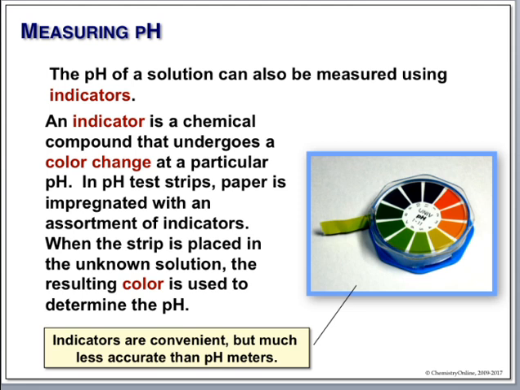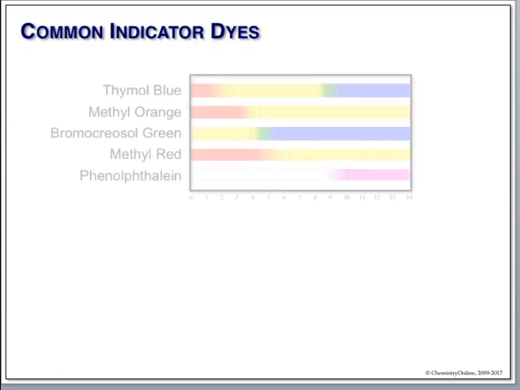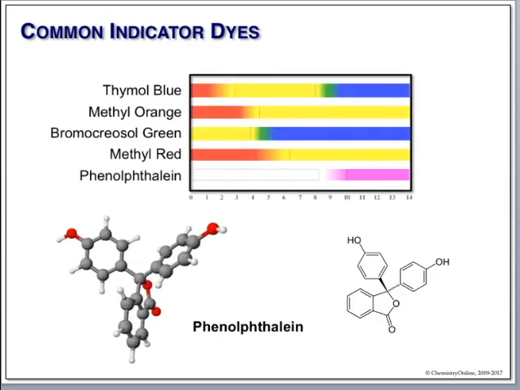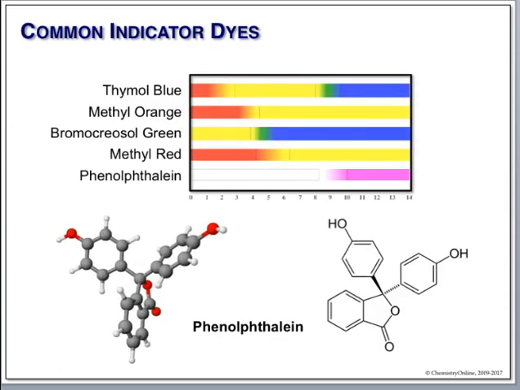It's a really neat sort of thing. Indicators are compounds, mostly organic compounds, that change color depending upon the pH. So to make pH paper, you have to pick out a set and combine them in just the right ratio, so that you can get different colors for every unique pH.